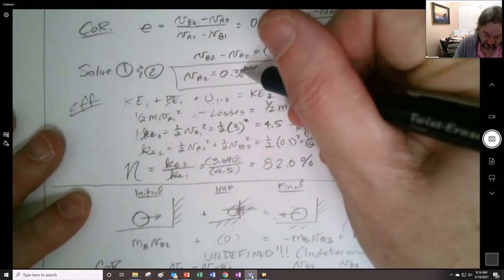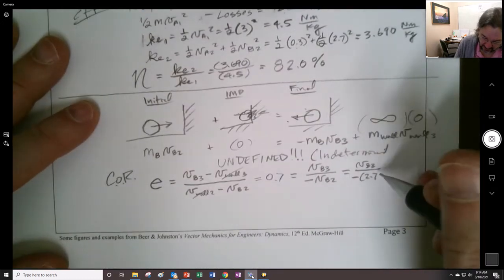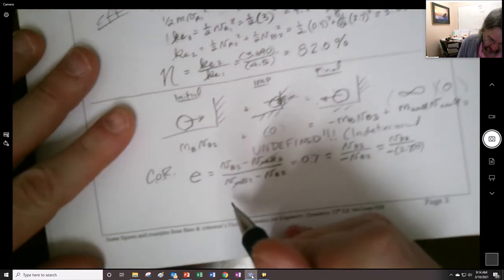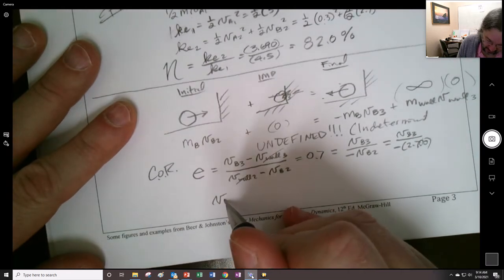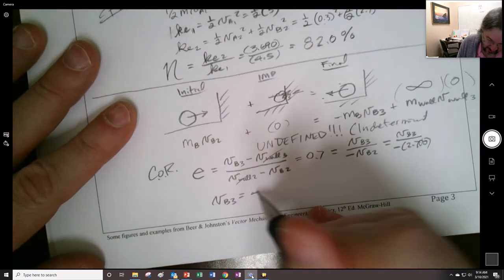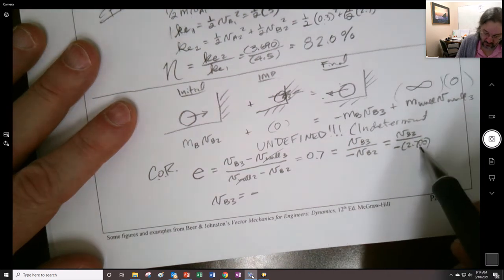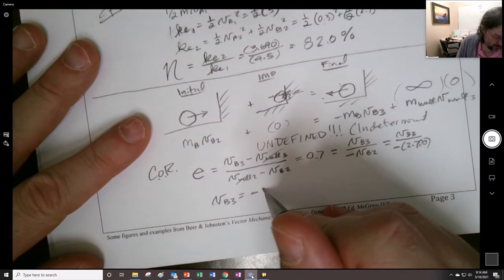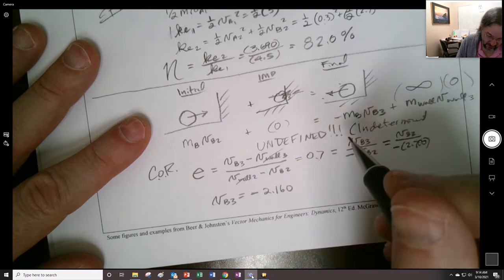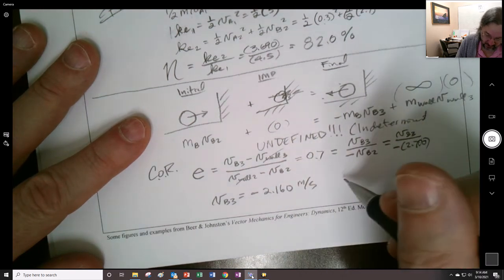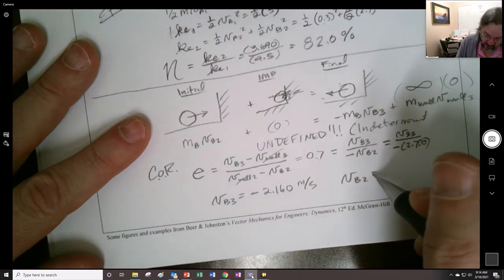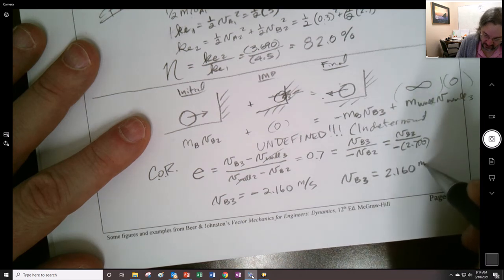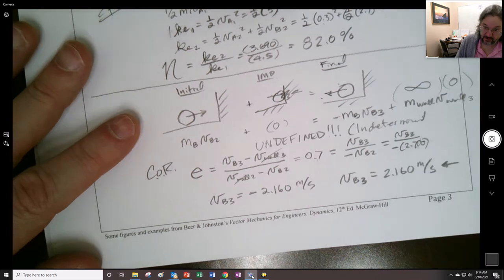I should put the sig figs on there, right? So what we end up saying is that VB3 is equal to negative 2.7 times 0.7, you end up with 2.160 meters per second. So VB3 is equal to 2.16 meters per second this way.